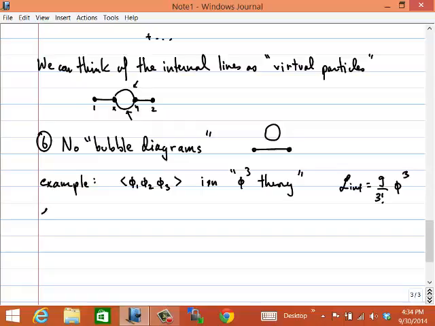First, let's compute this directly using the Schwinger-Dyson equations. Again, I'm going to use the trick that I used last time, so I'll rewrite this in the stupidest way possible.